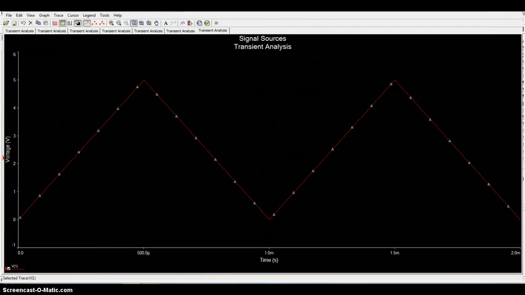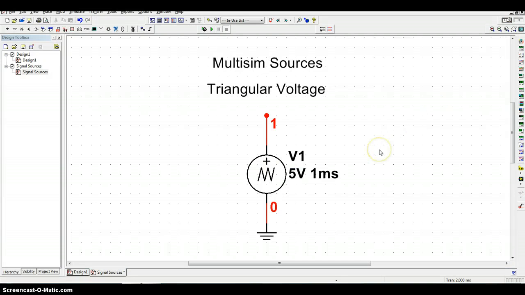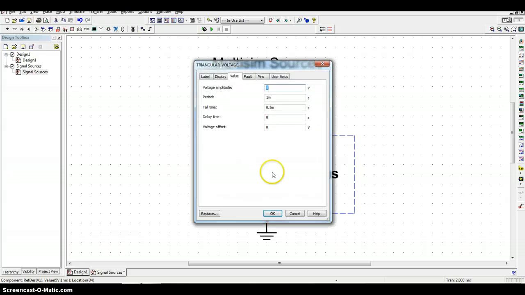Now suppose I would like to have a 20 volt peak to peak centered at 0. Well, to accomplish that, I have to put 20 in here and then an offset of -10.